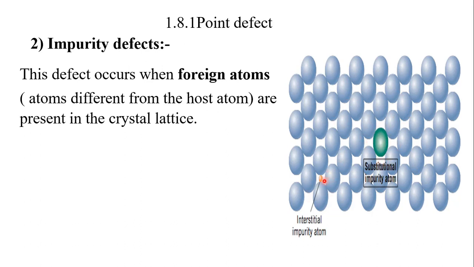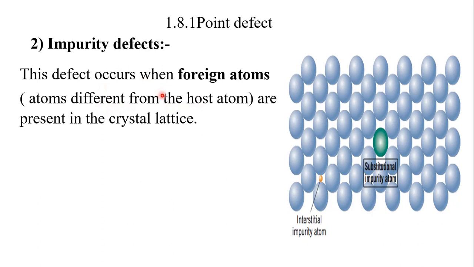Or here this yellow color sphere is different from the host atom in this crystal lattice. So it is a foreign atom. So this defect occurs when foreign atoms are present in the crystal lattice, and foreign atom means an atom which is completely different from the host atom.